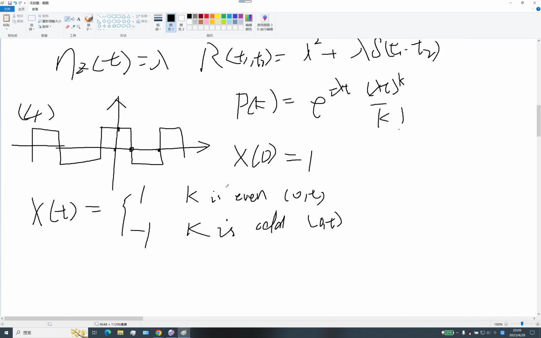So this is the definition of the semi-random telegraph signal.